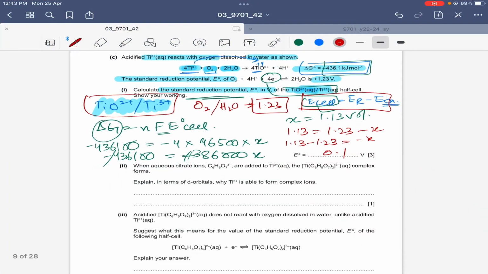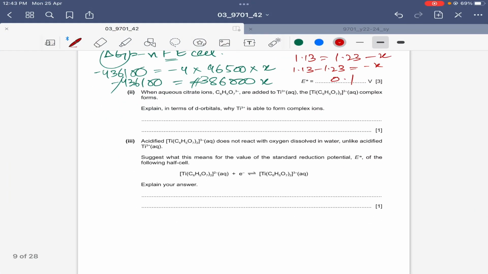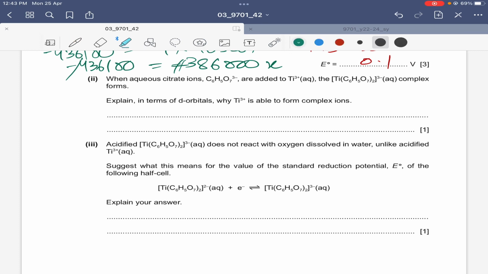Okay, now the next part of the question is, when aqueous citrate ions are added to Ti3+, this complex forms. Explain in terms of d orbitals why Ti3+ is able to form complex ions. Why is it able to form complex ions? Because it has vacant d orbitals.